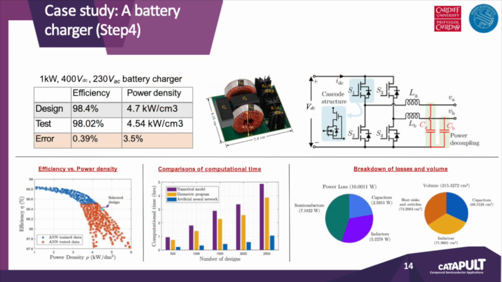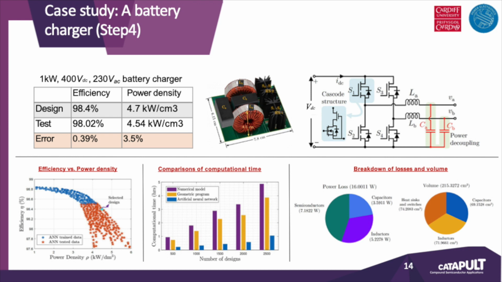So here is the verification we have done. At the moment, we use a single-phase battery charger to verify what we presented, because this is one of the most popular and also simple converters we're using now. The results, I think, look very promising.